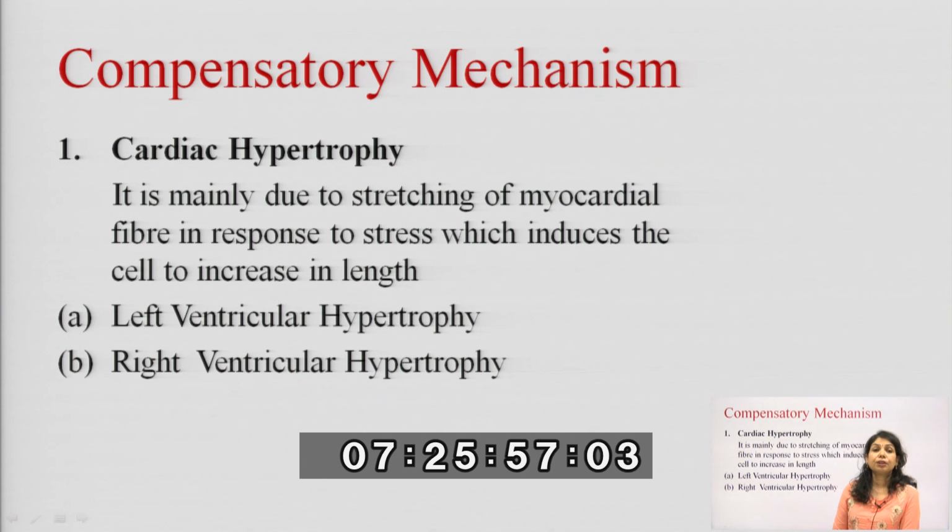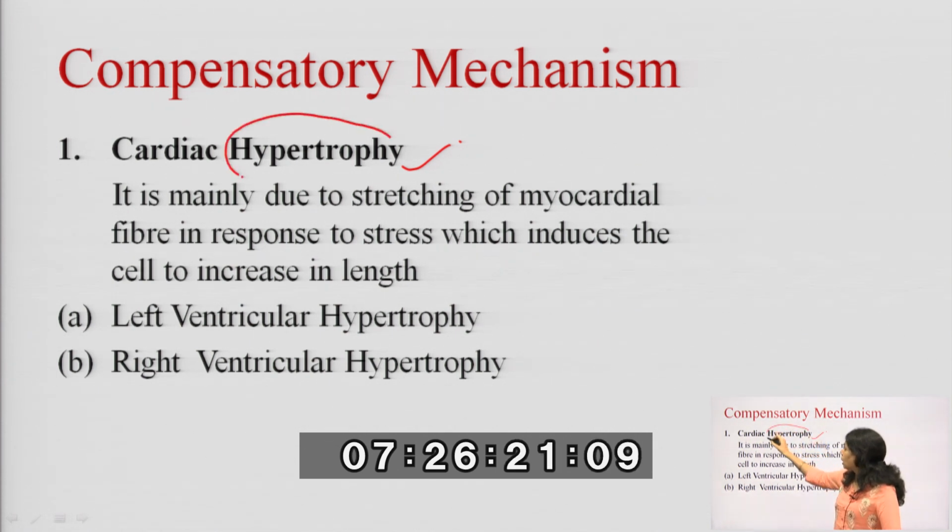Now, compensatory mechanism. What are the different compensatory mechanisms that need to occur? That means, when there is a heart failure, what all happens? So, number one is the cardiac hypertrophy. Cardiac hypertrophy means when the heart is not functioning properly, the cell size of the heart increases.